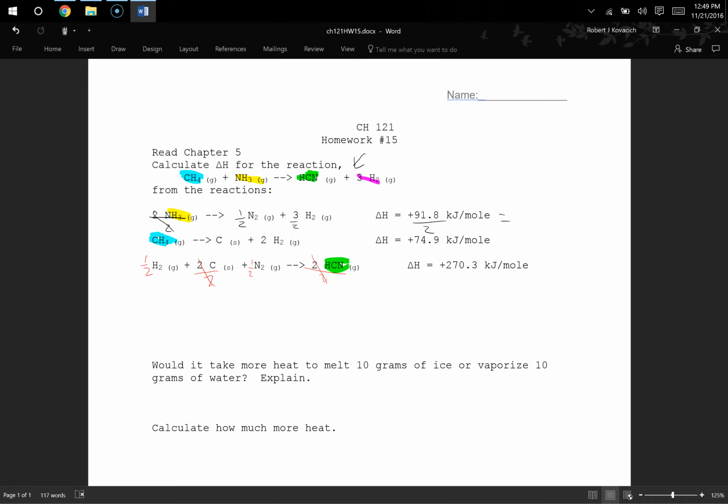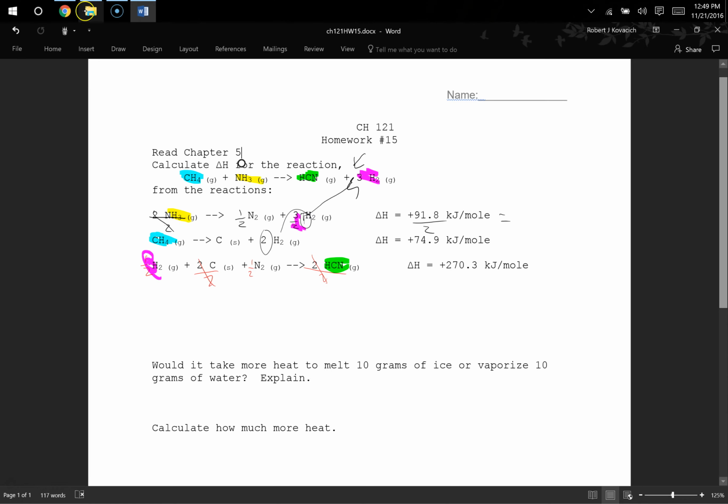So I want 3 of these guys, and what I have here is 1.5 and 2, so that gives me 3.5, but I have a half over here, so then this half will cancel out with that half right there, and I'll end up with 1. There'll just be 1 hydrogen here, and so then that 2 and that 1 gives me my 3.